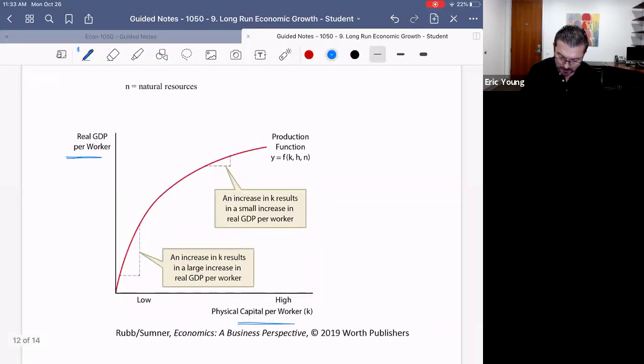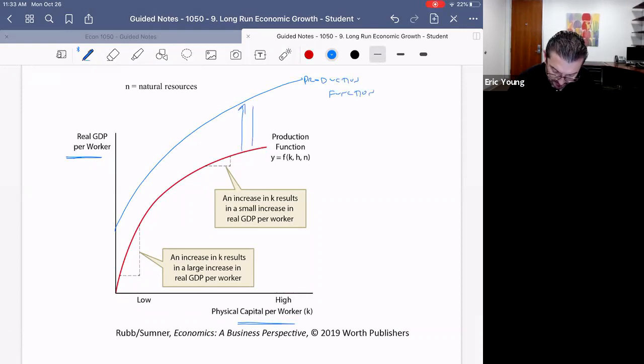They take this original production function in red and they boost it. They shift it. They push it up. And this means that even if we keep physical capital per worker constraints in mind, real GDP per worker will grow. And that, by definition, my friends, is economic growth.